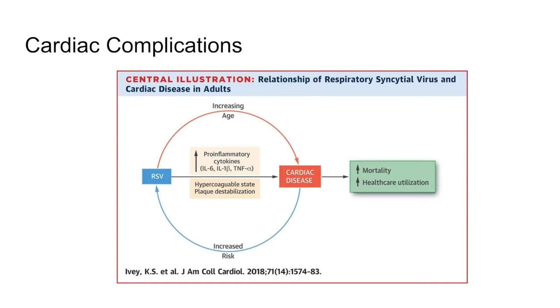So it's thought that it's similar to the cascade that happens with RSV, creating a lot of inflammatory markers that can then make the environment hypercoagulable and destabilize any of the plaques that are already there. That's why you have to consider this mostly in your cardiac patients and your diabetic patients.